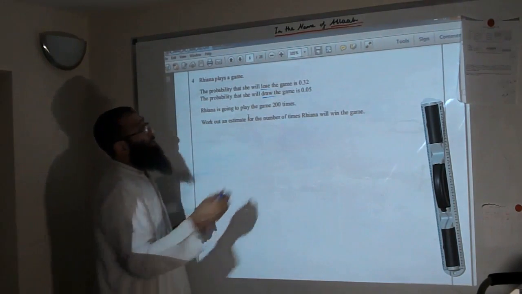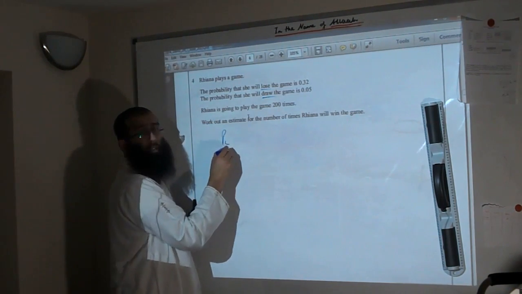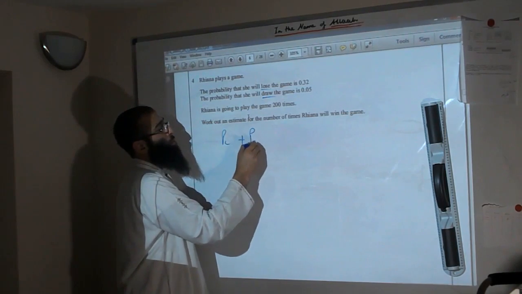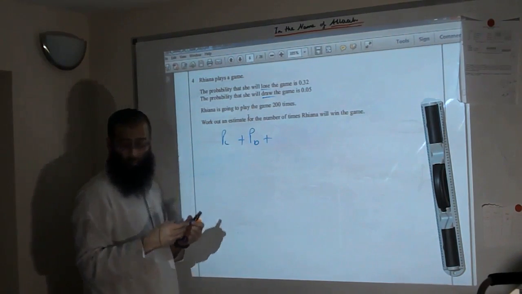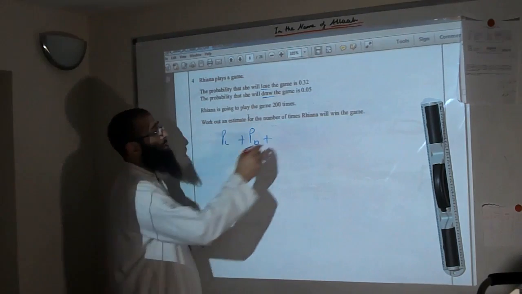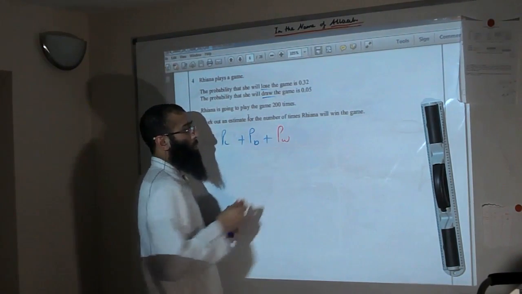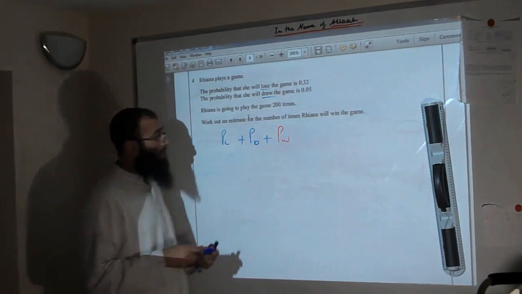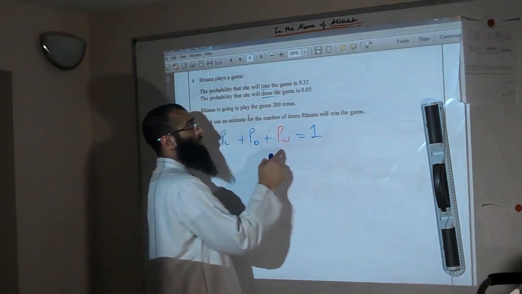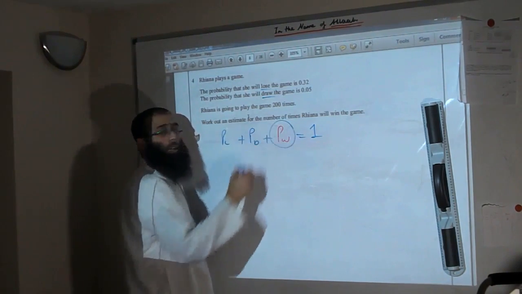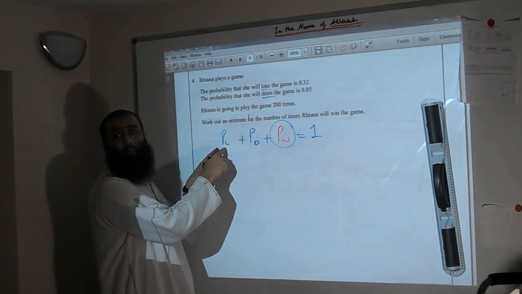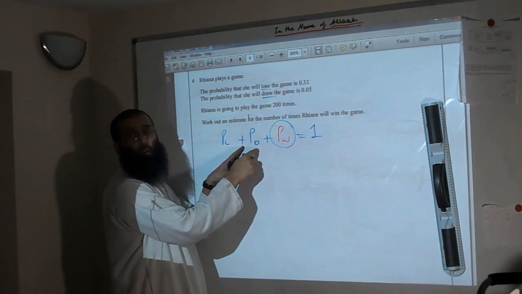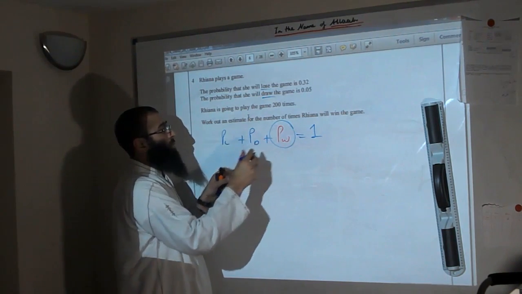Okay. So we have the probability of losing plus the probability of drawing plus the probability that you will win, which we've missed out for the moment. All of that together must give us a total of 1. So if you want to work this out, the opposite of adding the probability of losing, and the opposite of adding the probability of drawing, what do we do?